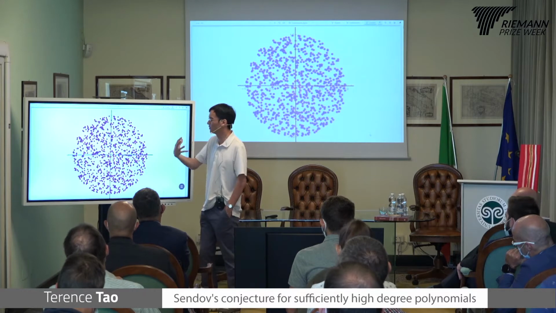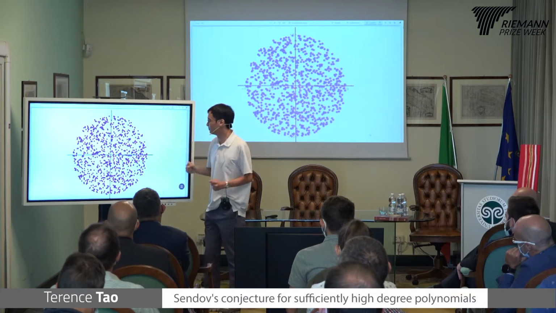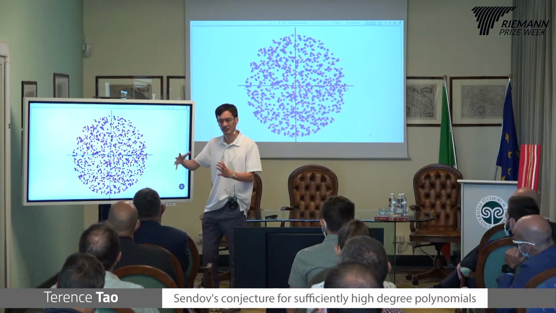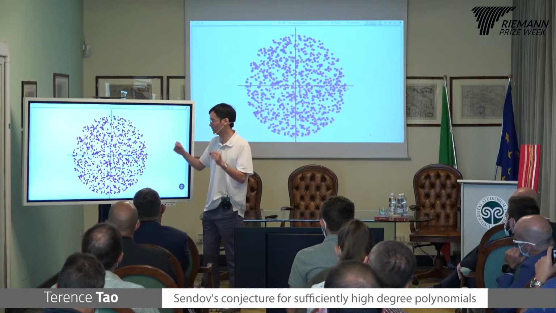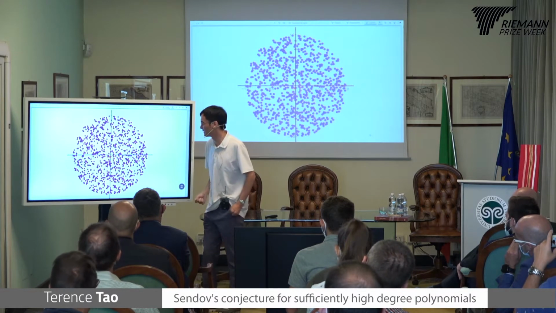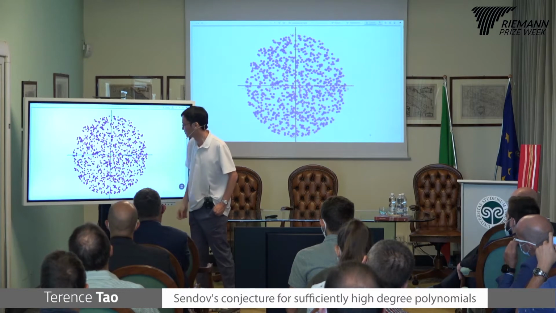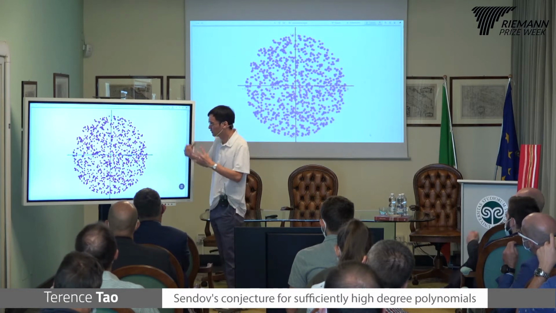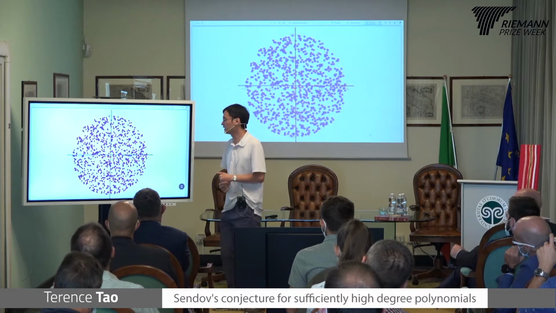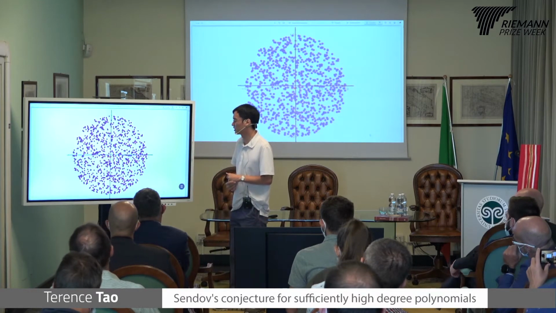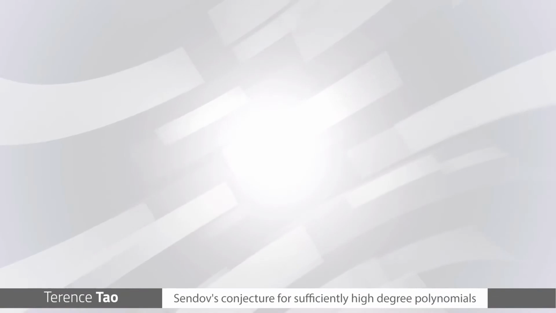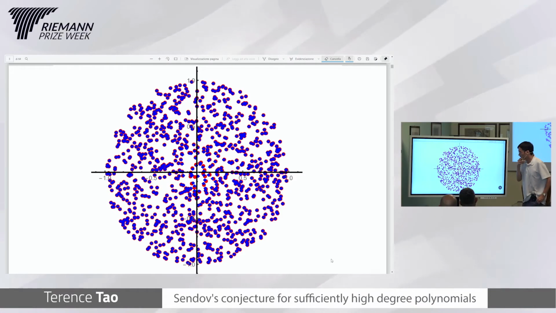Of course, they can't all do that because there are 1,000 red circles and only 999 blue diamonds. So there has to be one circle in the middle that isn't close to a critical point. But there does seem to be a very strong relationship between these two sets. Okay, can we go to the next slide, please?